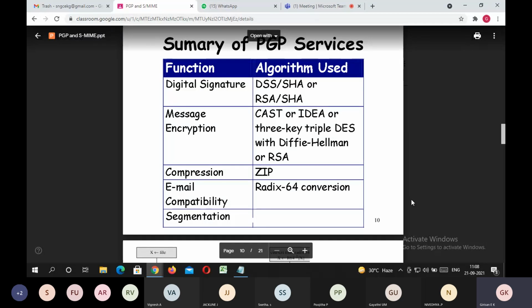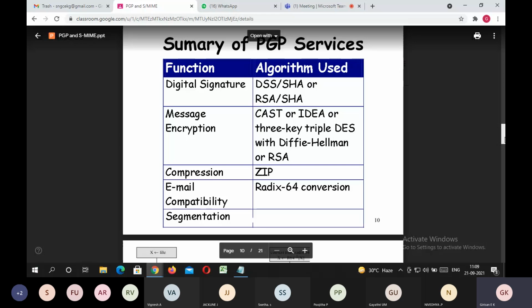Then for compression, we are using the ZIP algorithm. ZIP is an algorithm developed by Phil Zimmermann in order to considerably reduce the content into a smaller size. Then for compatibility, we make use of the Radix 64 conversion.